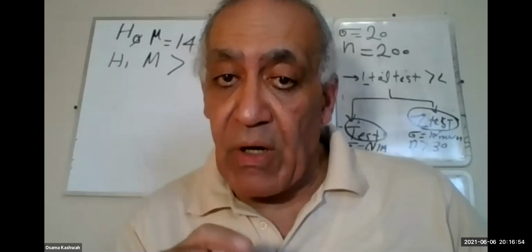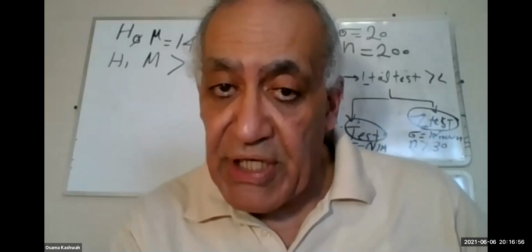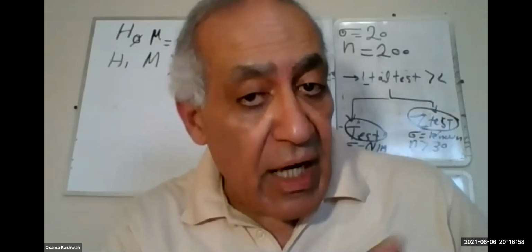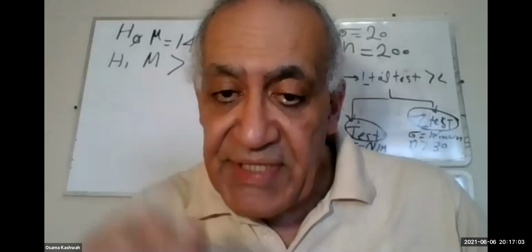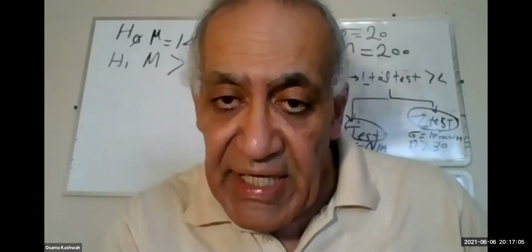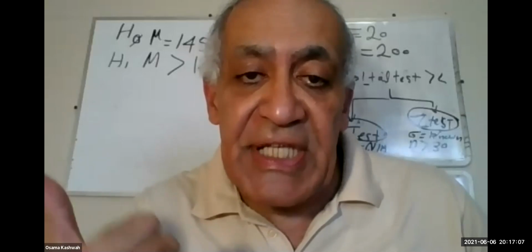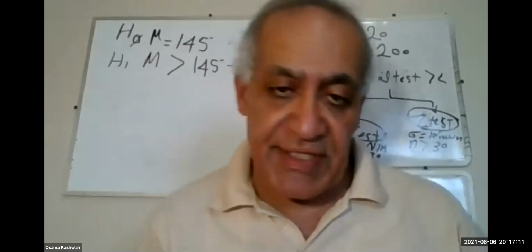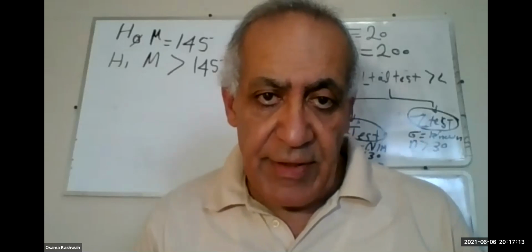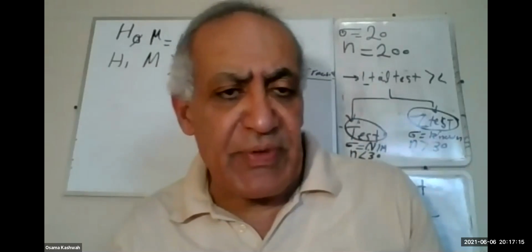If the standard deviation of the population is unknown and the sample is less than 30, then I will go to the T tables, not the Z tables. That is what differs between them.